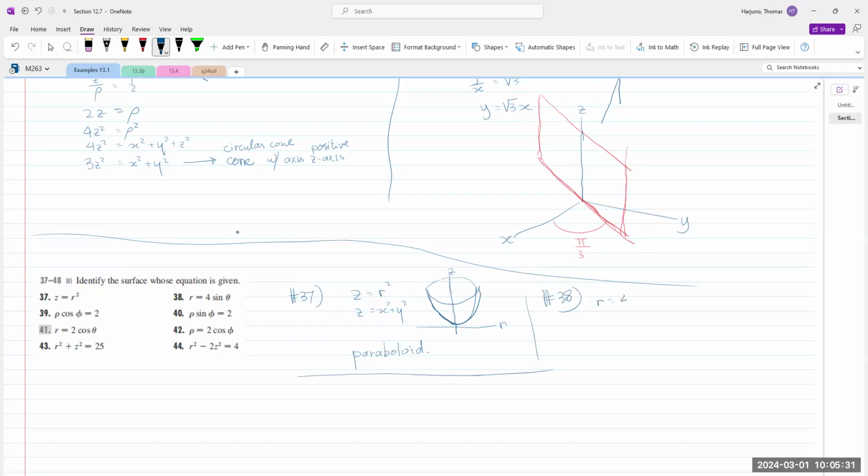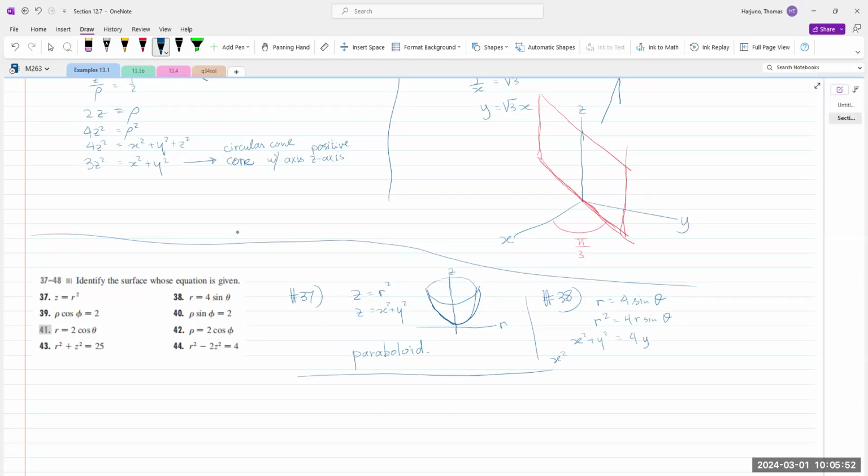r equals 4 sine theta. Again, this is a polar equation in 2 dimensions. Okay, and I hope you realize we have done this before, supposed to be in Calc 2. Okay, this is x squared plus y squared equals 4y.